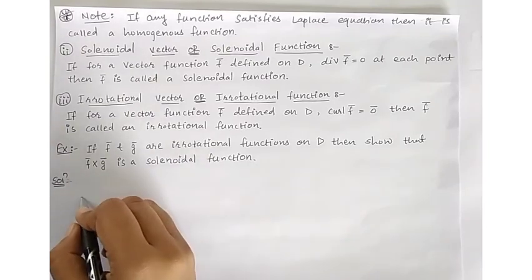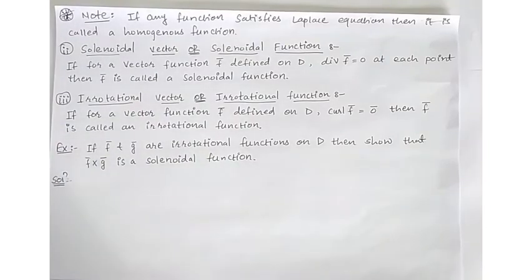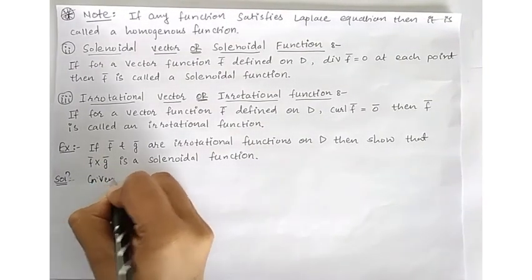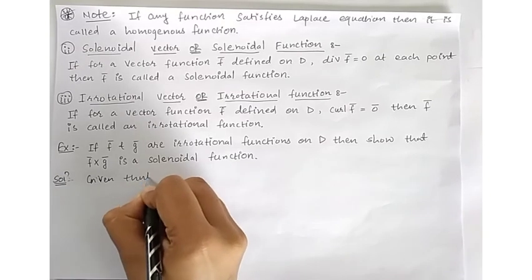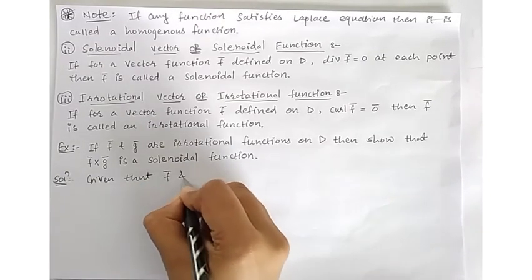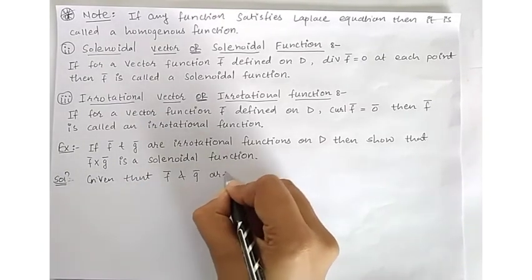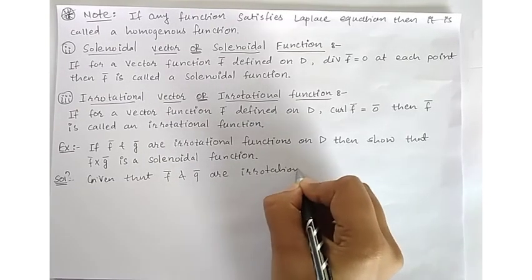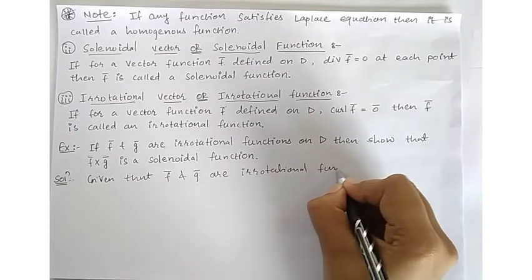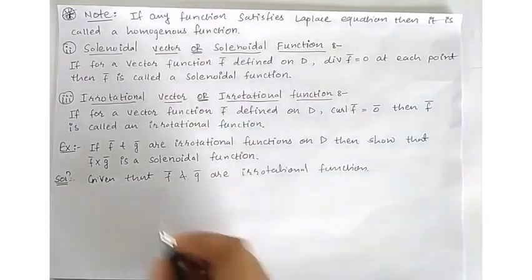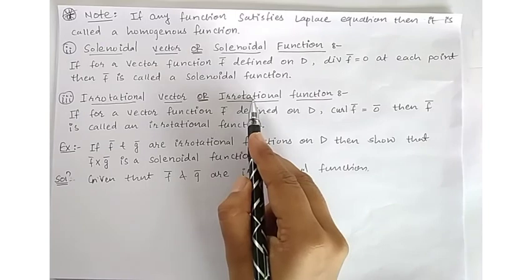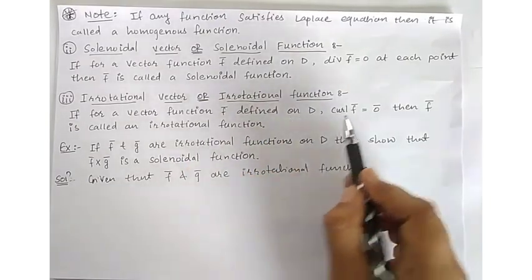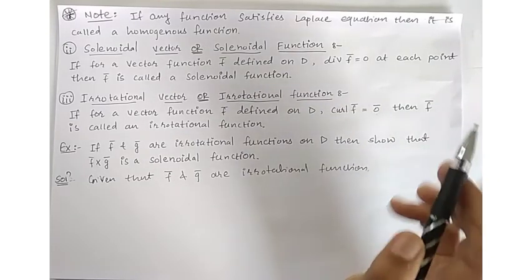So first, we are given that f bar and g bar are irrotational functions. By the definition of an irrotational function, when I say that a function is irrotational, its curl is the 0 vector.